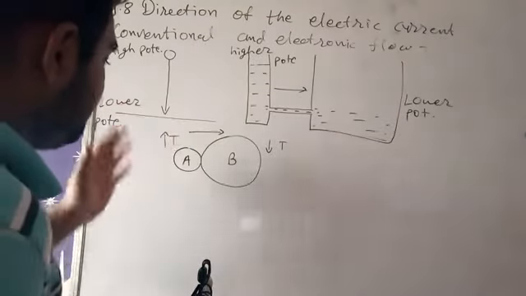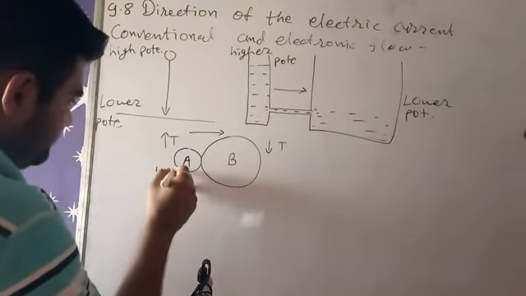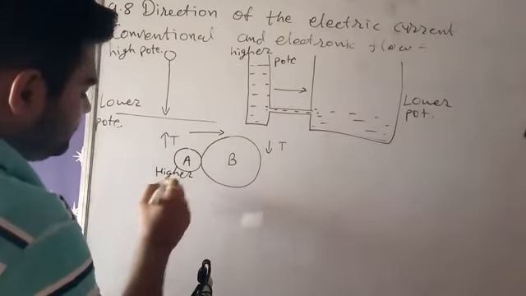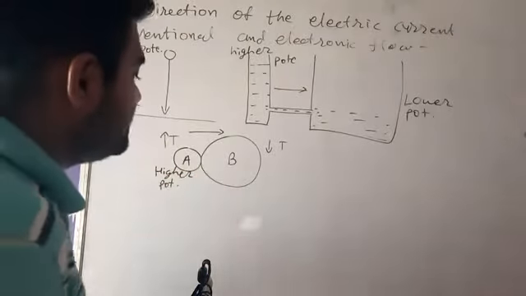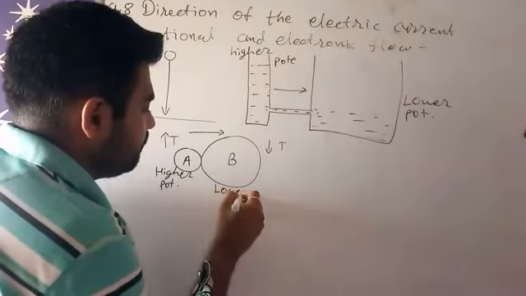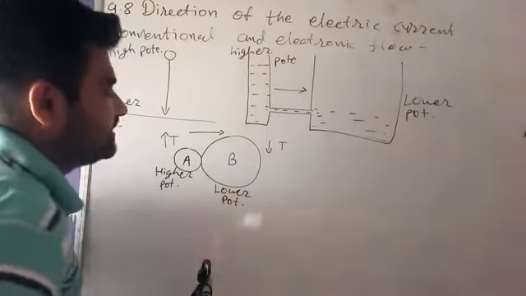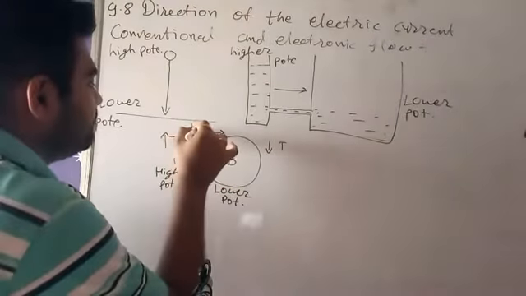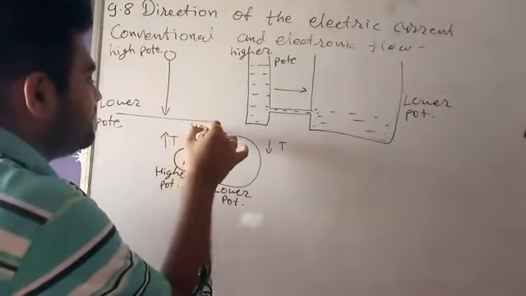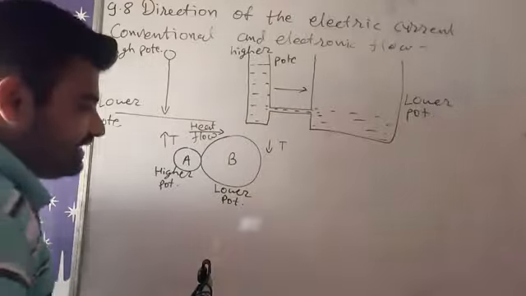So in temperature, A is at higher potential in the form of temperature, B is lower potential in the form of temperature. So that's why heat is flowing from higher temperature to lower temperature. Now come to the point of electric current.